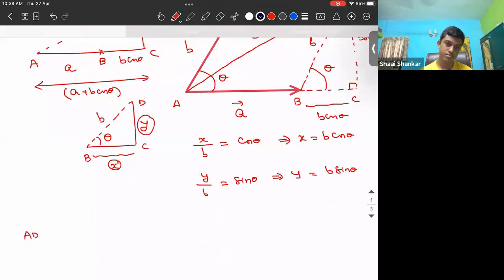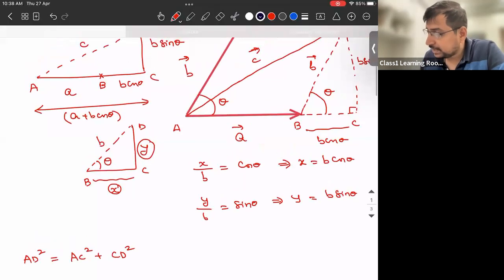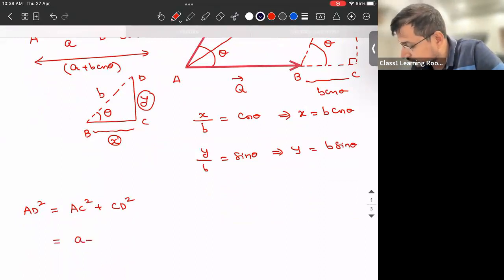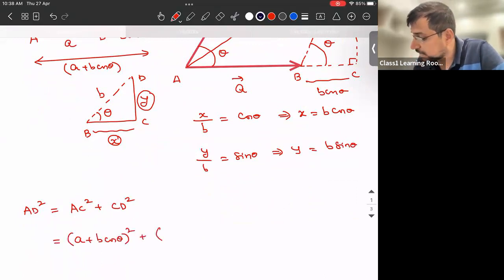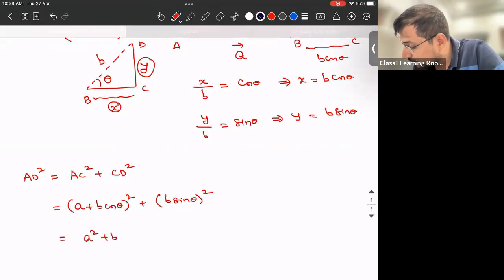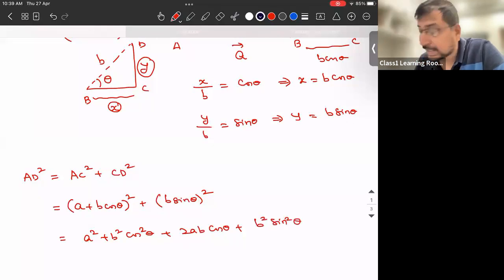So what can I write? I can write AD square is equal to AC square plus CD square. What is AC square? It is A plus B cos theta the whole square, plus what is CD square? It is B sin theta the whole square. So what will you get? You will get A square plus B square cos square theta plus 2AB cos theta plus B square sin square theta.